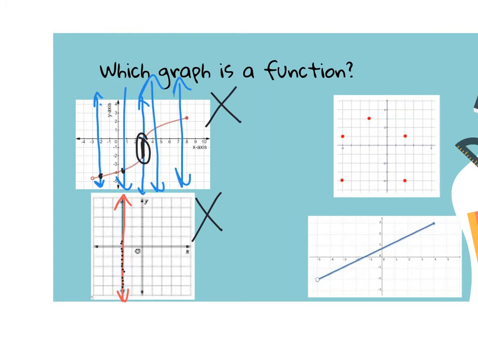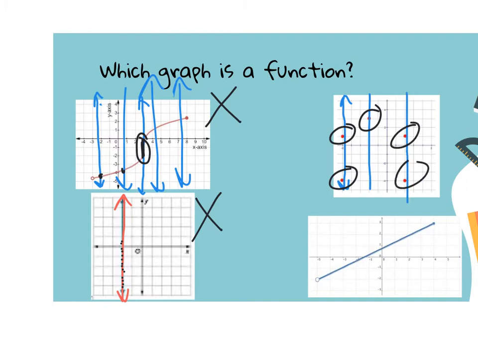Now let's take a look at these points over here. If I run a vertical line through these points right here, even though I kind of missed it, notice that we hit 2 points on this part. That one is 1, but since it already failed the test, it fails the test over here too.